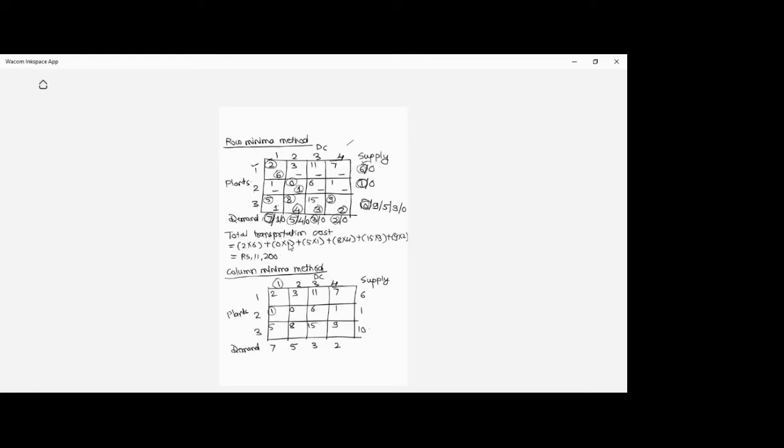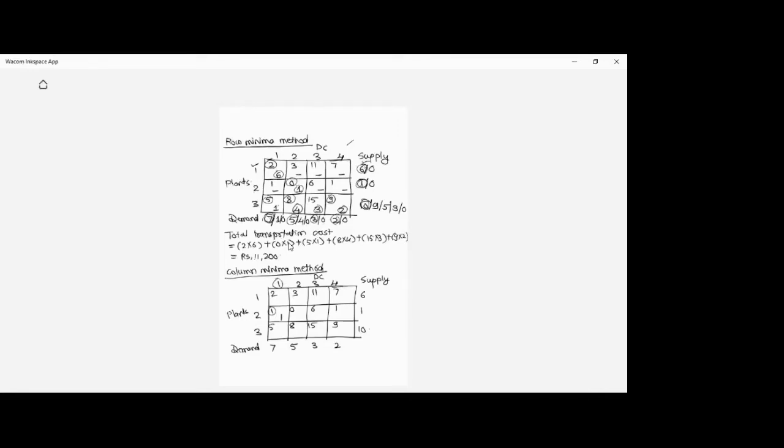So we are going to allocate the maximum possible value for this cell. The maximum possible allocation in this cell is either 1 or 7. I can't put 7 directly, because it will violate the supply constraint. So the value that I can put here is 1.